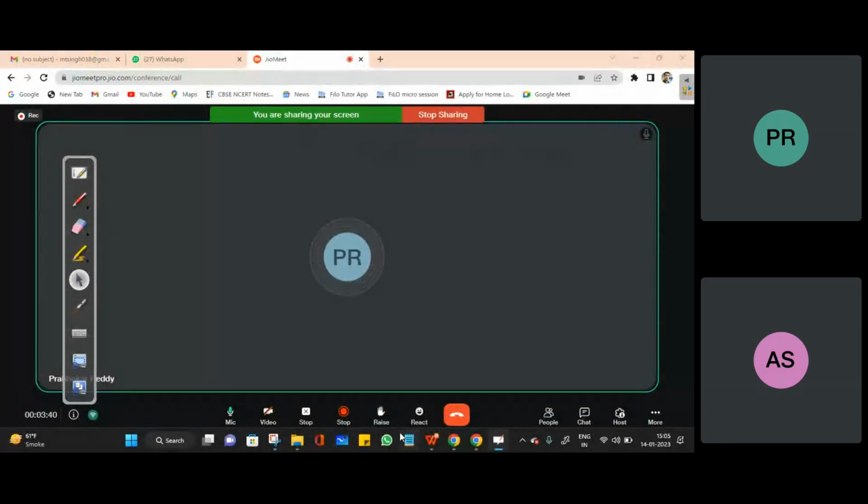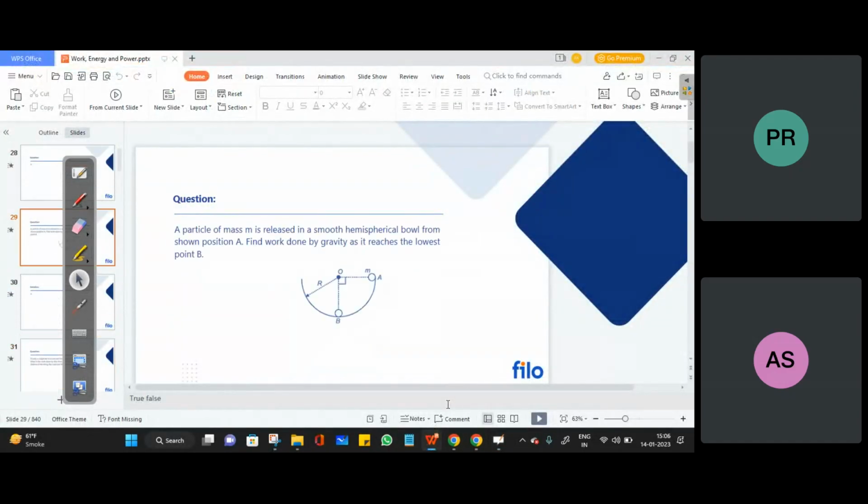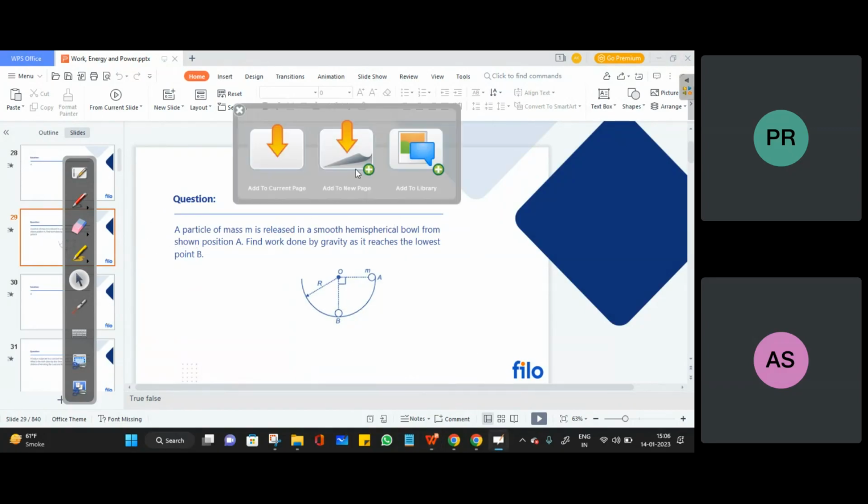That's it. F1 into R, F2 into R. Yes. Try this.